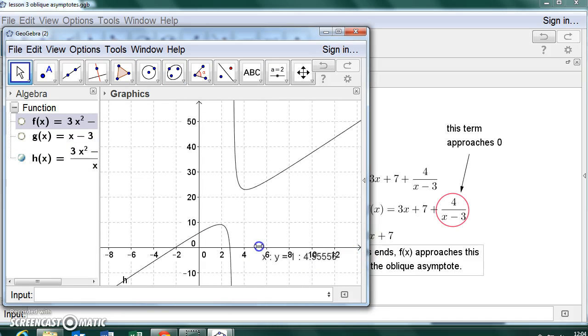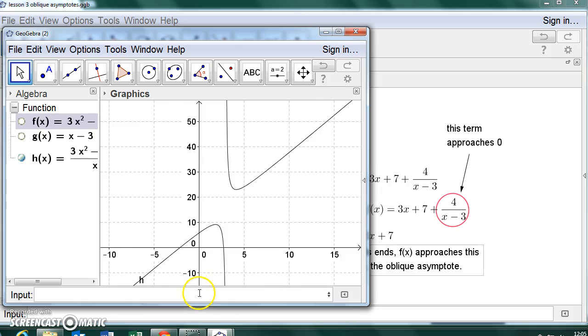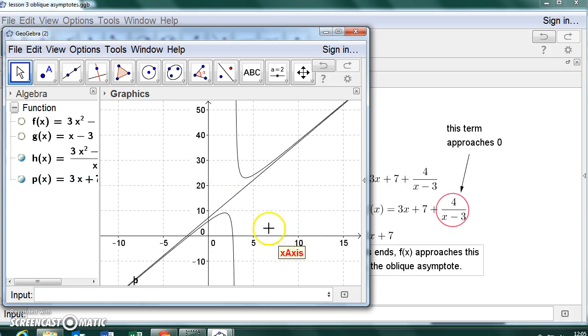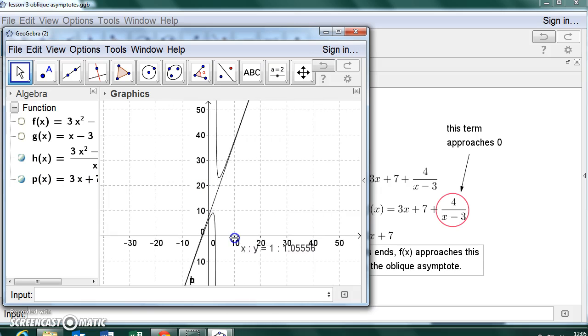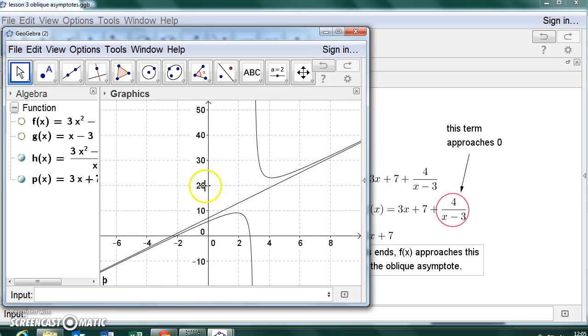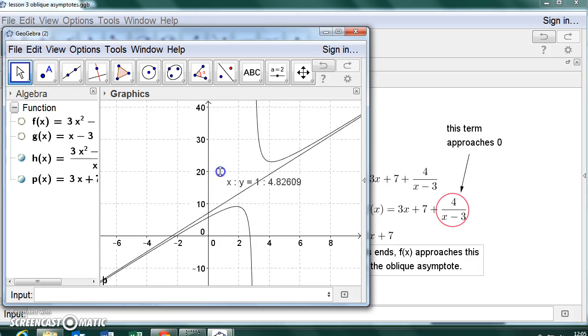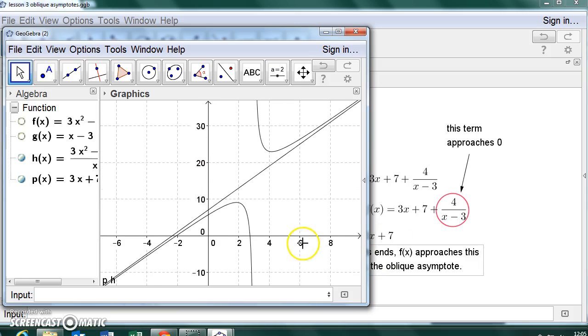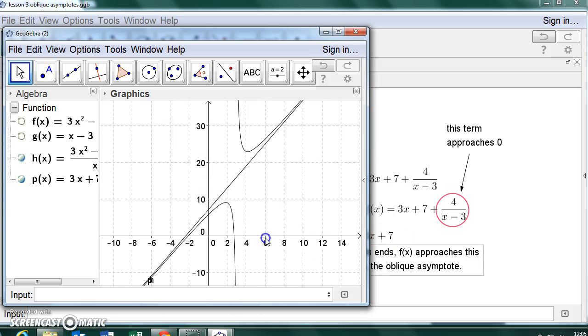Now you can see that it has a vertical asymptote at 3. It also has a slanted asymptote. When I drew 3x plus 7, which is the answer we're getting here, you can see that it produces the right picture for this asymptote. This line basically perfectly matches the curve and gives us the asymptote where it belongs.